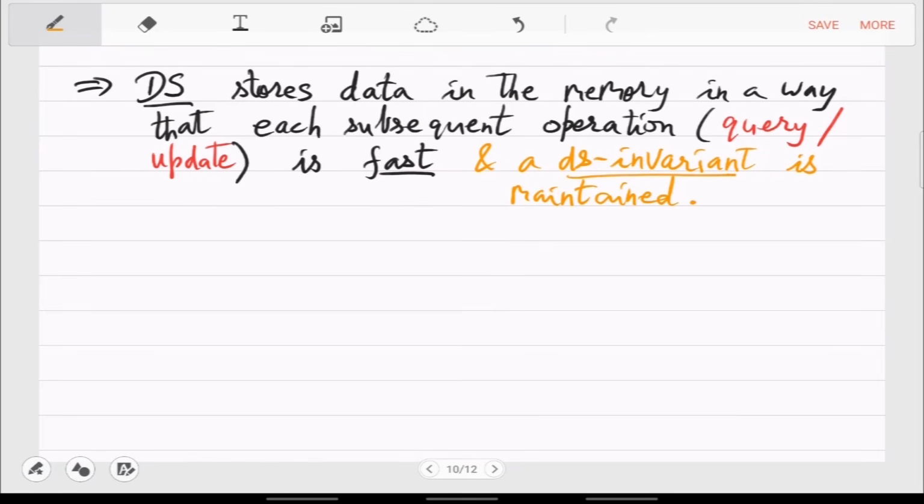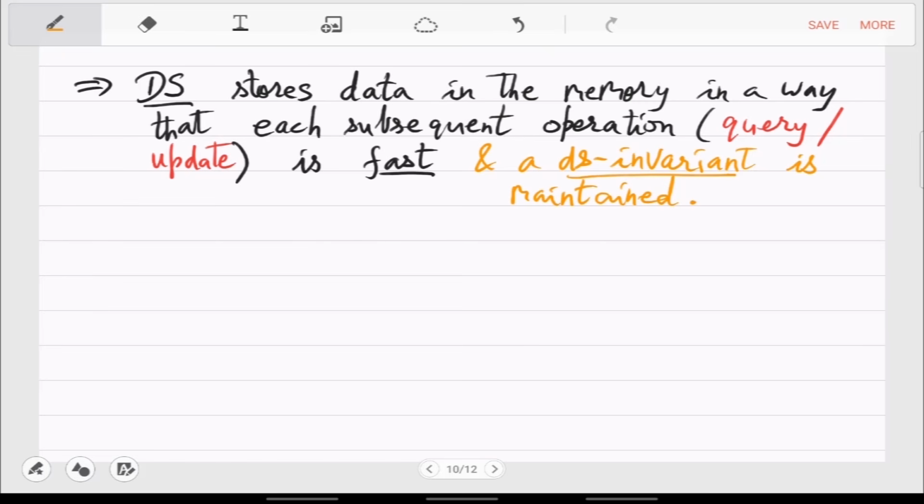Okay, so identifying the invariant will be important. In all your assessments, the proof that you give, the analysis which you give, you have to first identify, already in your proof idea, why you are designing this DS and what is the invariant which you will preserve or maintain. So every step that you take, you have to show that the invariant is not violated. Right?